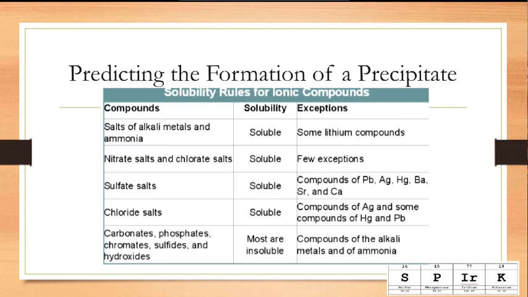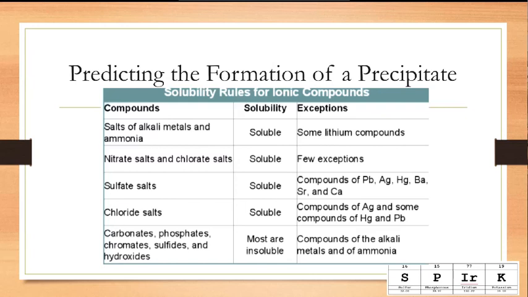Our salts of alkali metals and ammonia are soluble except for some lithium compounds. Our nitrate salts and chlorate salts are soluble, and there are a few exceptions there as well. Our sulfate salts are soluble, but compounds of lead, silver, mercury, barium, strontium, and calcium are not with sulfate.